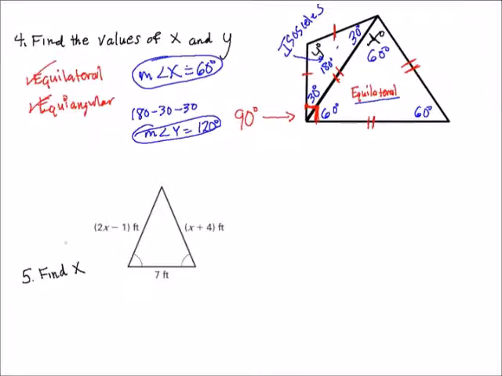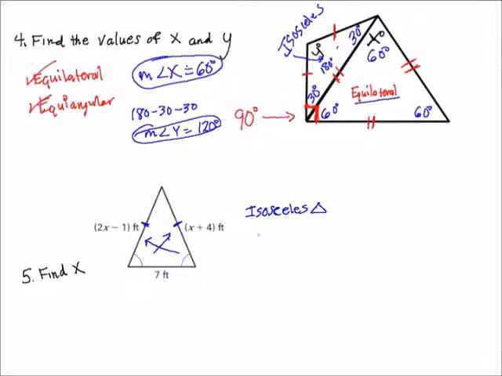Number 5, find X. What type of triangle do we have? We have two angles that are congruent, so we know that the sides across from them have to be congruent. So this is an isosceles triangle. Let's write that down.